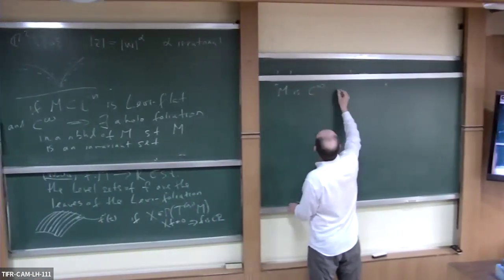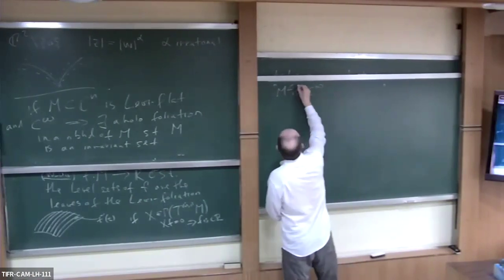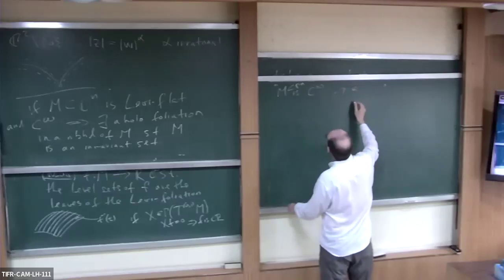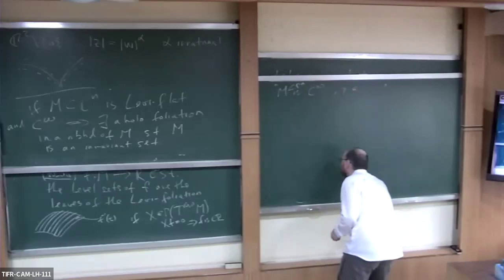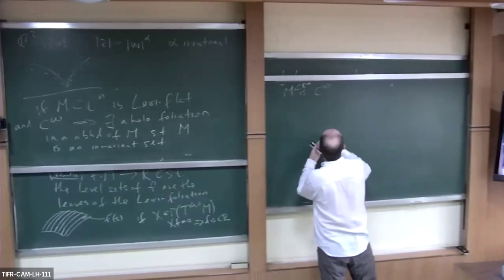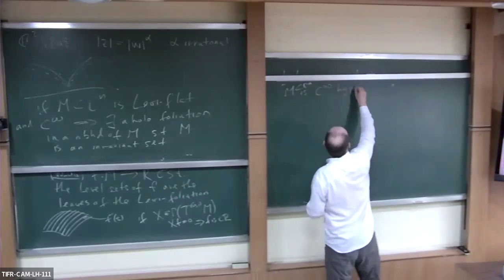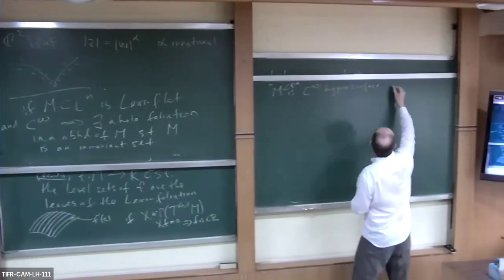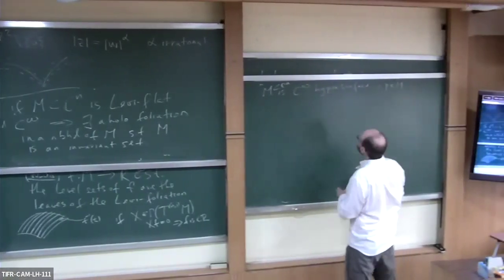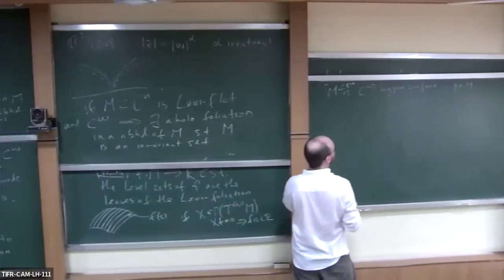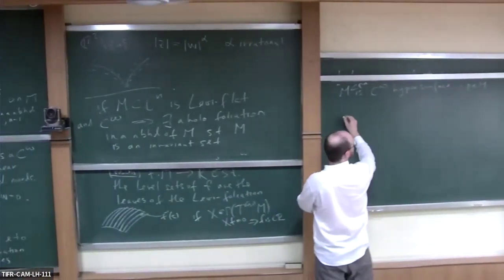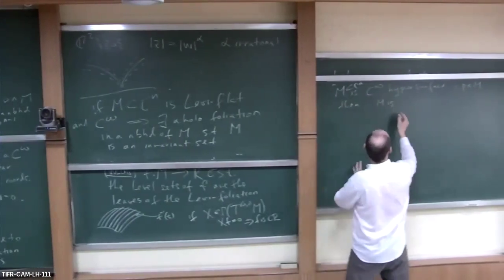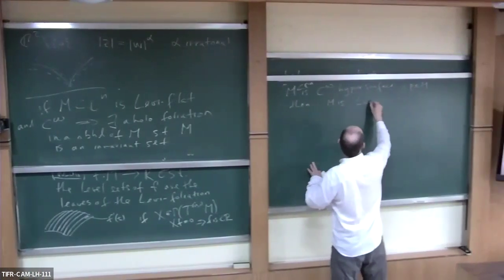So again, P is a smooth hypersurface. Then M is Levi-flat.